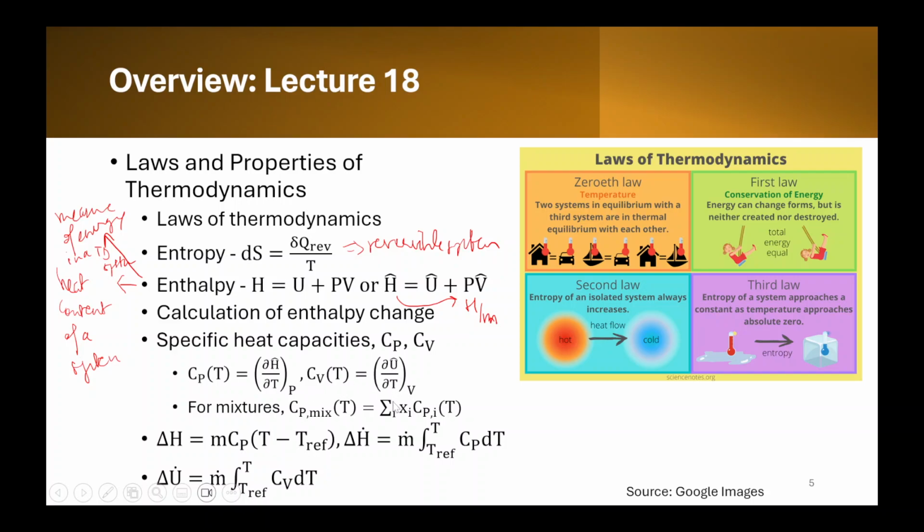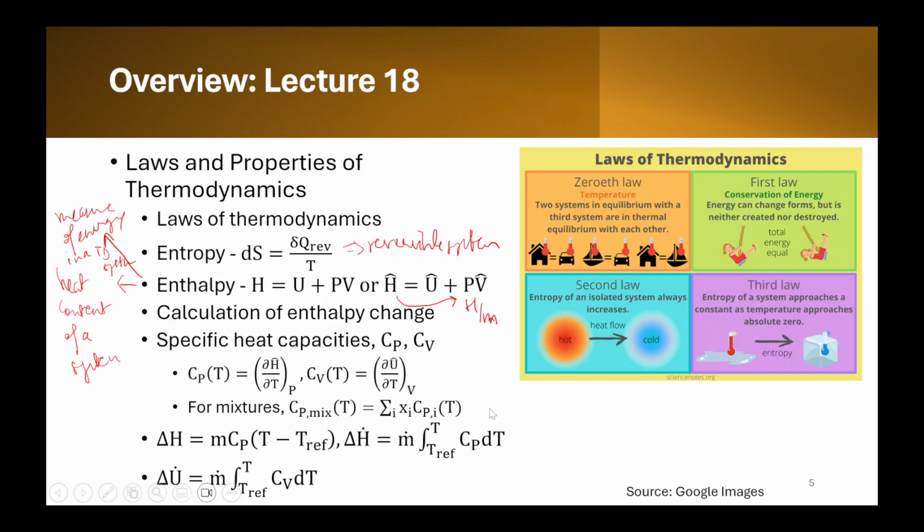The rate of change of internal energy with respect to temperature at constant volume is the specific heat capacity at constant volume. For mixtures, Cp mix is given using this relation.